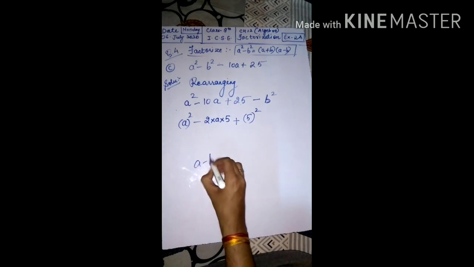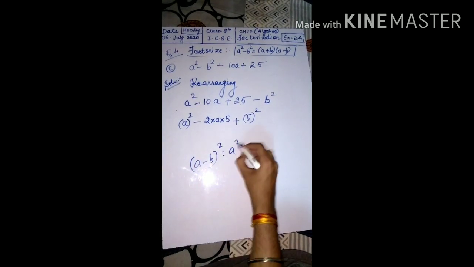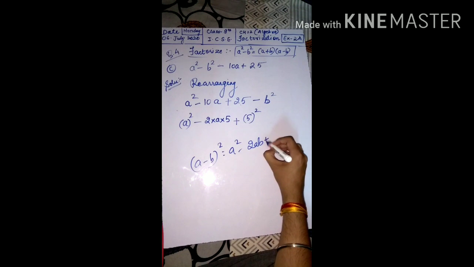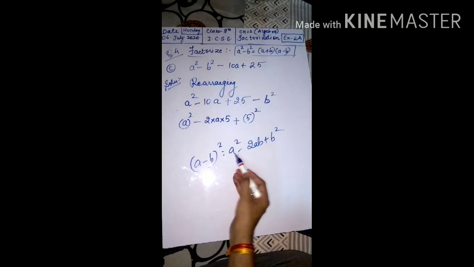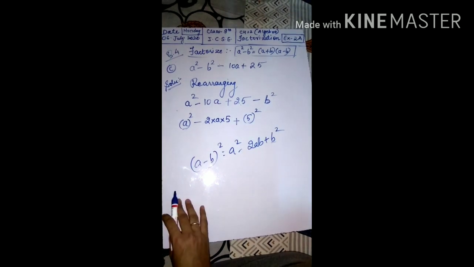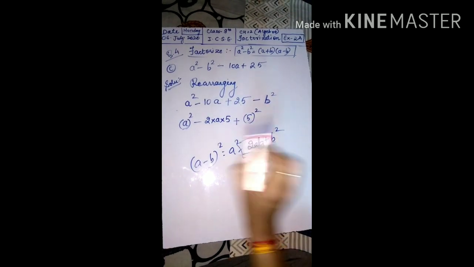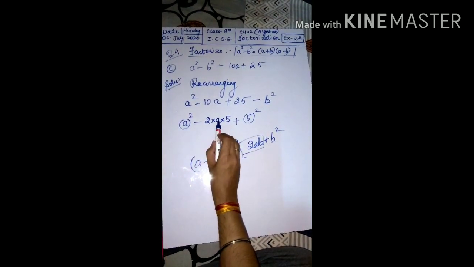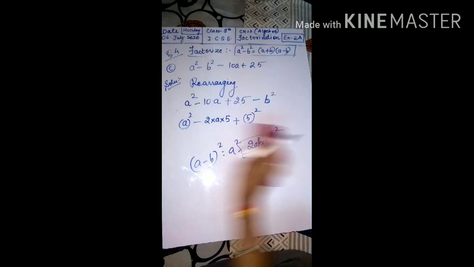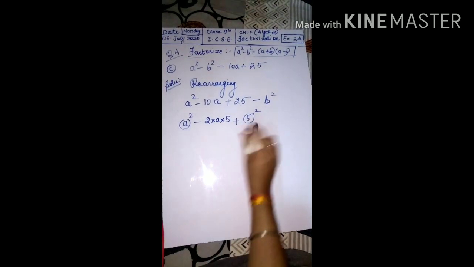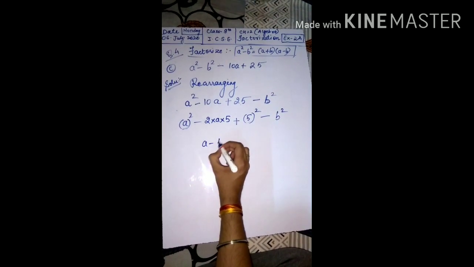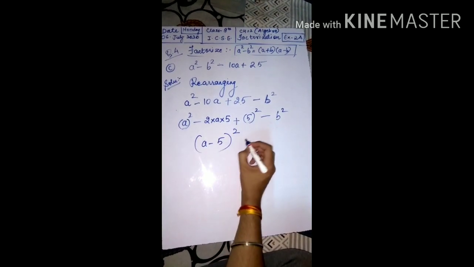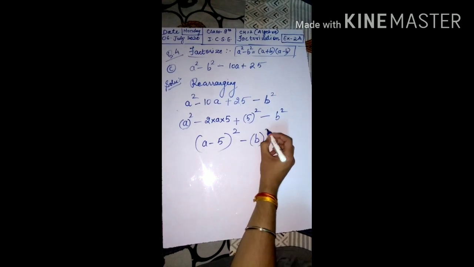That a minus b the whole square identity is a square minus 2ab plus b square. So see, this a square is already with us, b is 5, and minus 2ab means minus 2 into a into 5, which is already 10a. And this minus b square is going on, so in place of this we can write a minus 5 the whole square minus b the whole square.